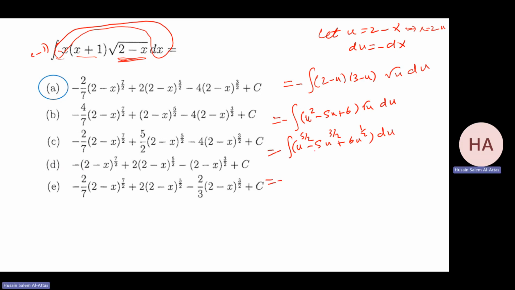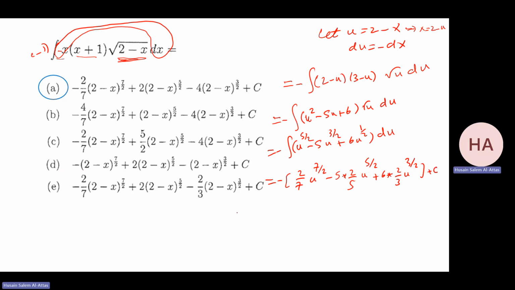That will be minus. You add 1, that will be 2 over 7 u to the power 7 over 2. For this one, you add 1, that will be 5 over 2, you multiply by 2 over 5. So 5 times 2 over 5, u to the power 5 over 2. Plus 6 times 2 over 3, u to the power 3 over 2.